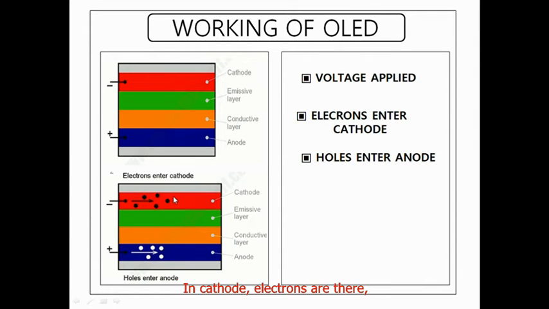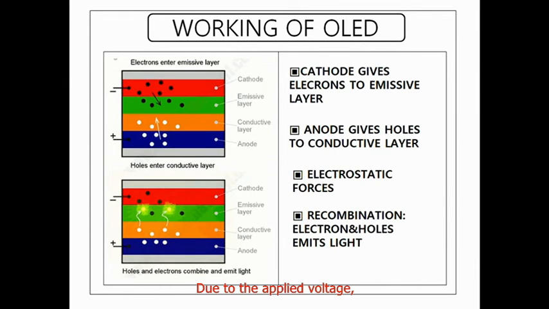In cathode, electrons are there. In anode, holes are there. Due to the applied voltage, this cathode gives electrons to the emissive layer and this anode gives holes to the conductive layer.